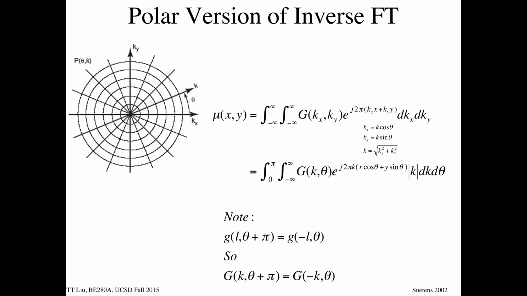The interesting thing is that when you do that coordinate transformation and write this equation in polar coordinates, you need to put in the Jacobian for this integration. The Jacobian turns out to be k for this coordinate transformation. Everybody remember what a Jacobian is?